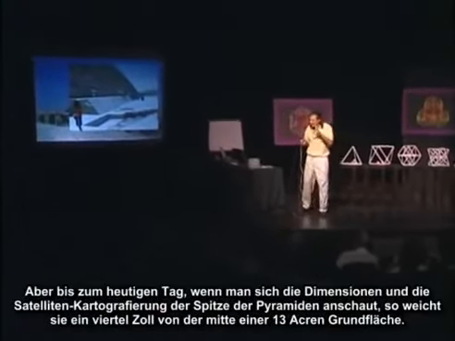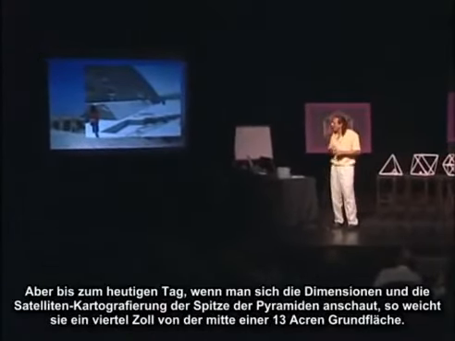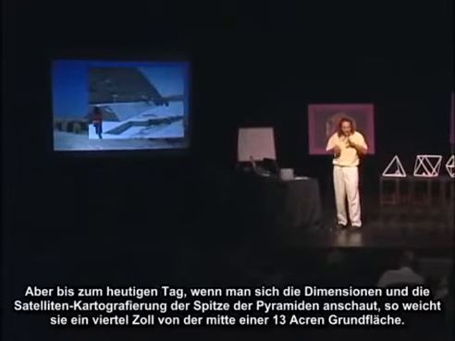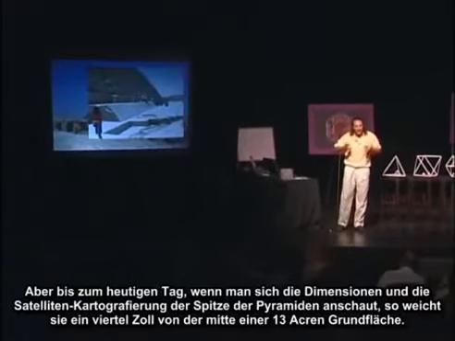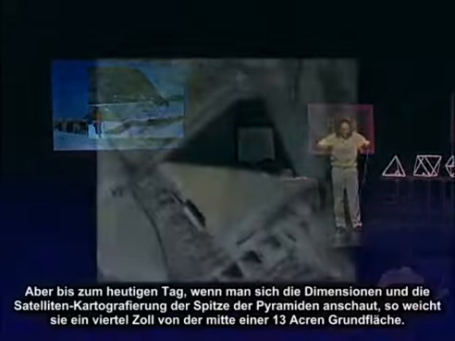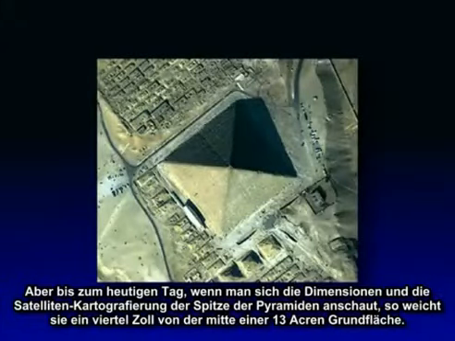But still to this day, when you look at the immensity of the building and then you get satellite mapping of the apex of the pyramid, the apex is 1/4 of an inch off the center of a 13-acre square base.